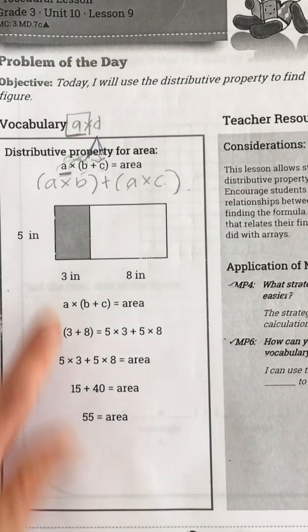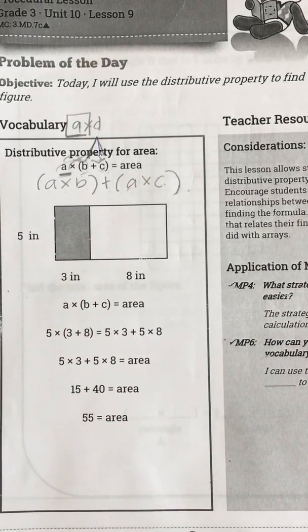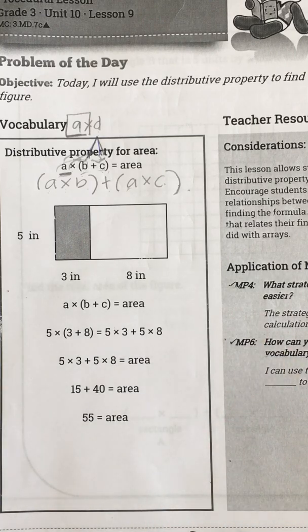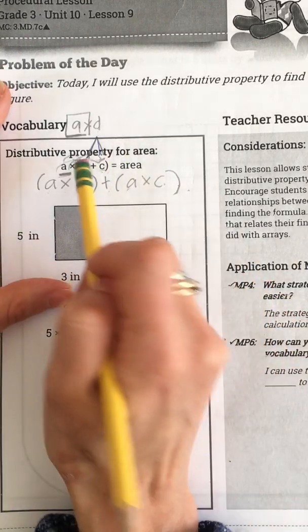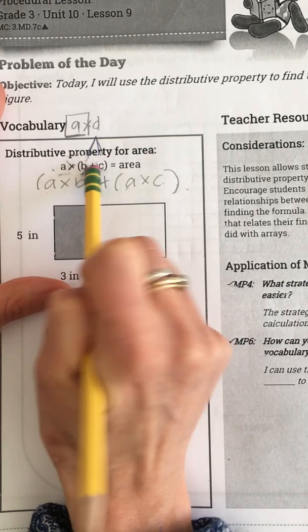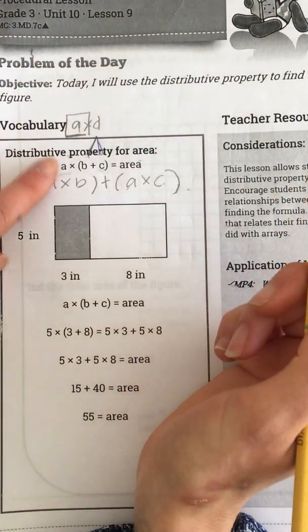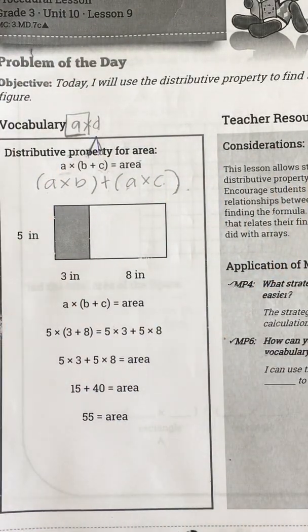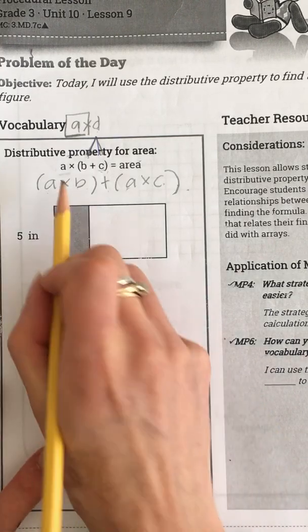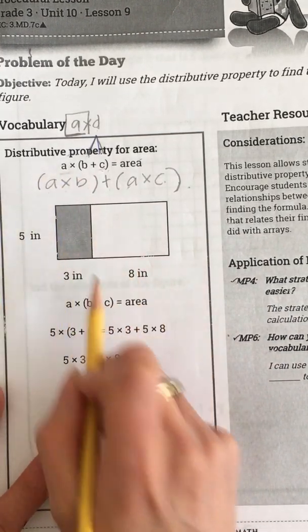So let's go ahead and do that with this problem. I think the easiest thing to do is use the distributive property of area and fill in the numbers. So fill in the blanks, or use the letters here to fill it in.